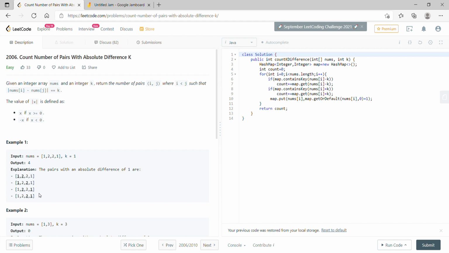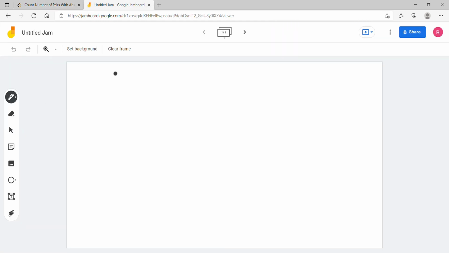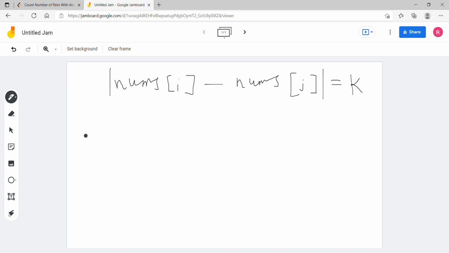The better approach we can think of is by using a map, and then we can do some things. So if you look at this relation closely, the absolute value of nums i minus nums j is equal to k. Since it is an absolute value, you can have two equations from this.